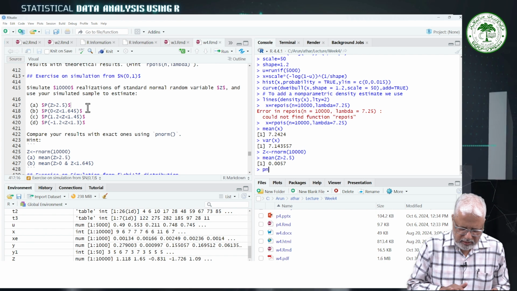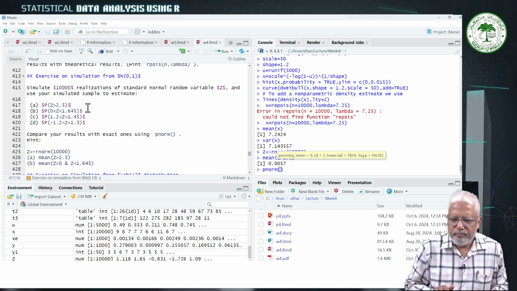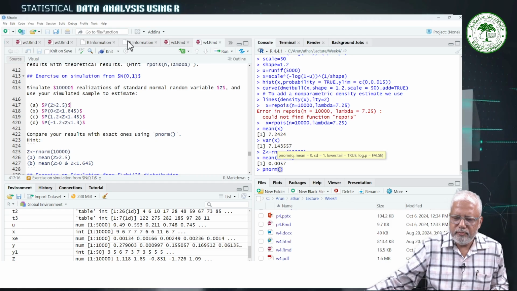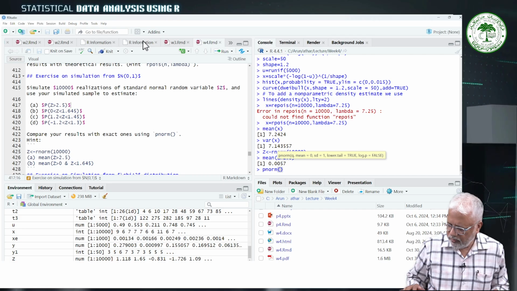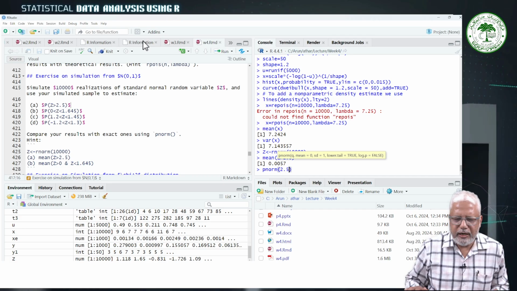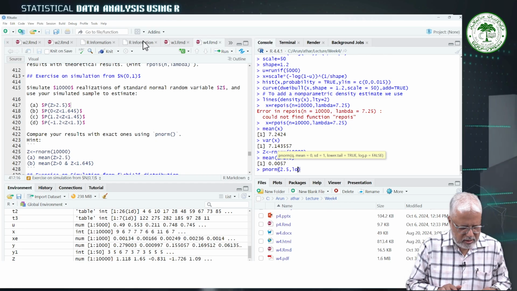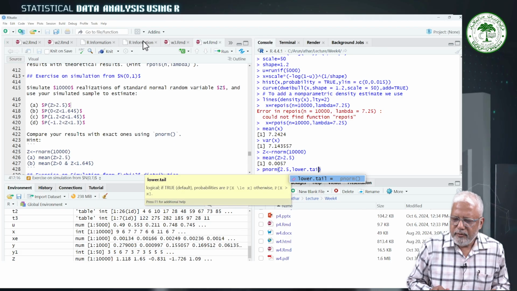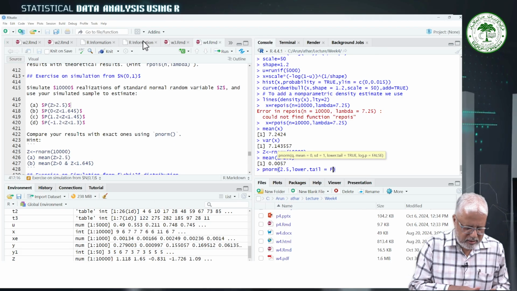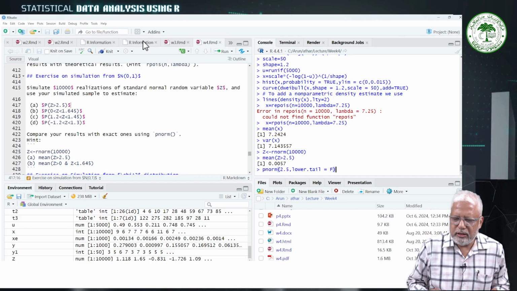Now what should be the exact result? pnorm, and the value is 2.5, and lower.tail is equal to FALSE because we want to compute the probability greater than 2.5.